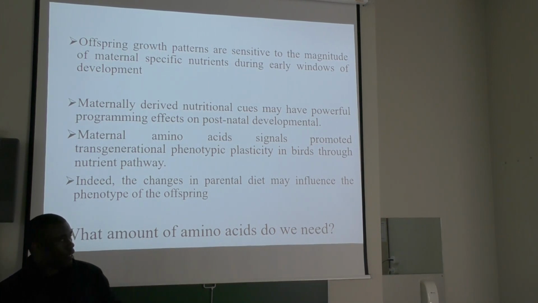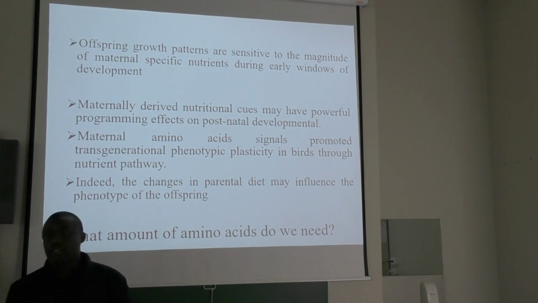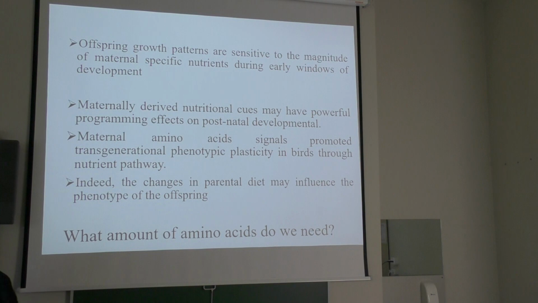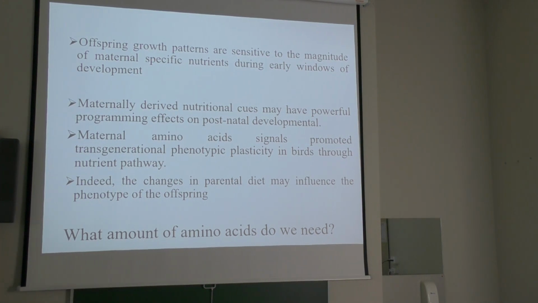We can reduce this by reducing the intake of some of the specific amino acids or proteins that are activating the mTOR pathway. So we need to reduce the amount of food so that we do not influence the activation of the mTOR pathway, but we need to strike a balance.